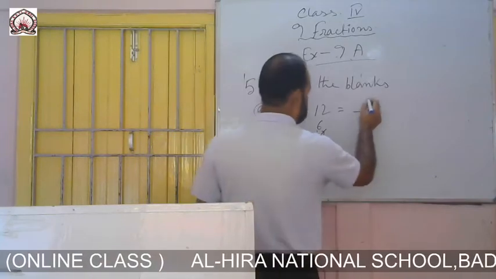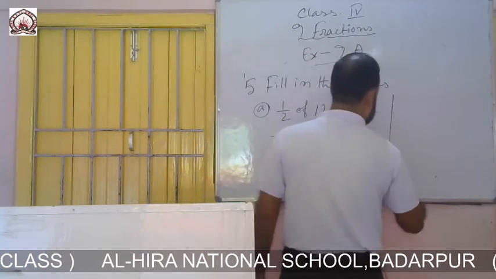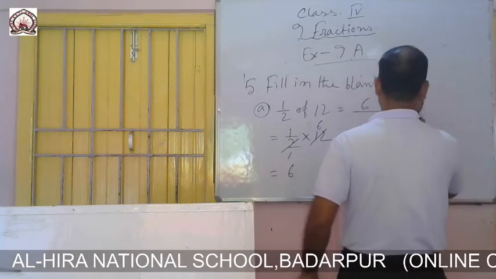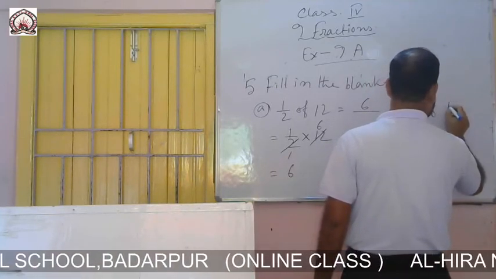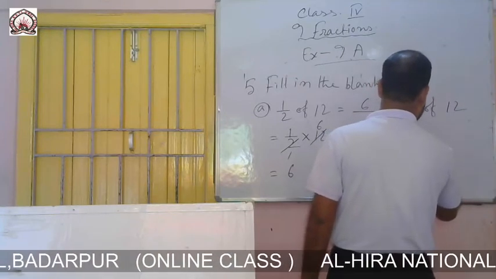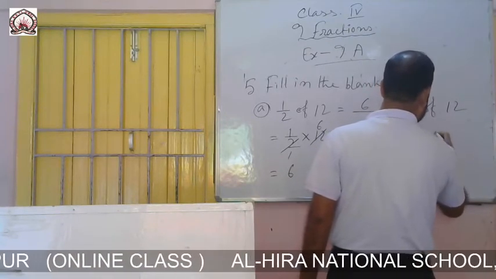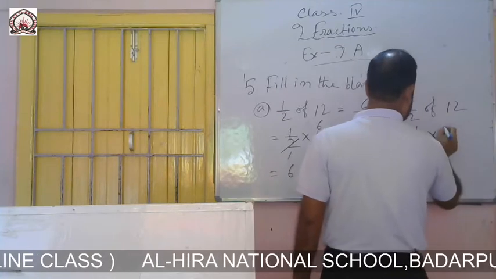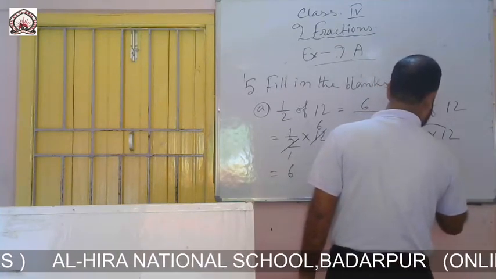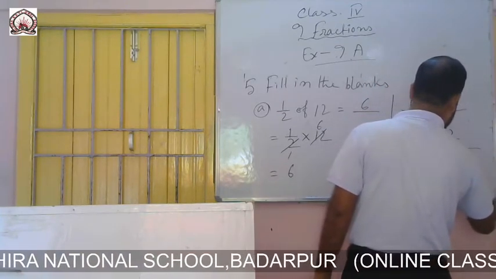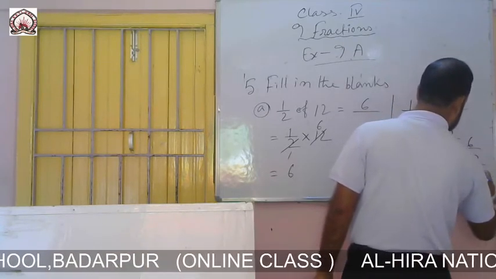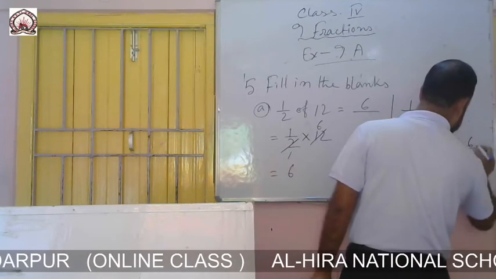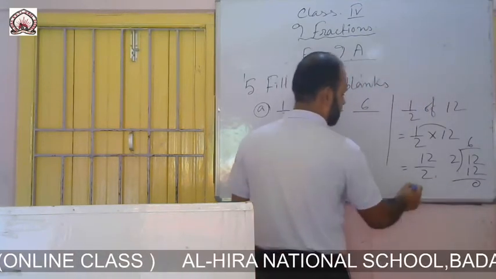Answer is 6. Another way, if you do 1/2 of 12, so 1/2 into 12, 12 1 is 12/2. You divide 2 into 12, 2 6s are 12. So answer is 6.